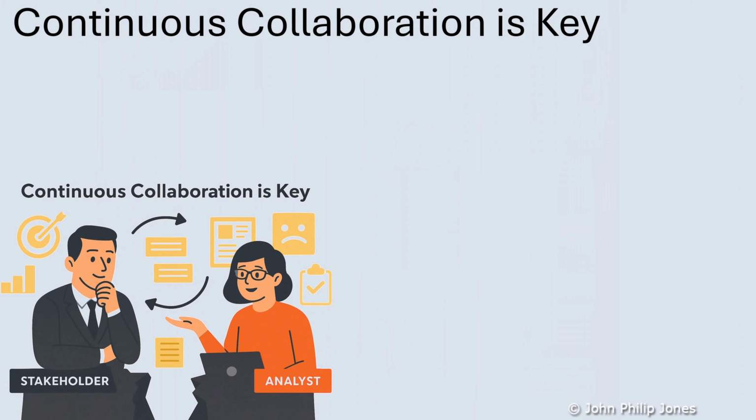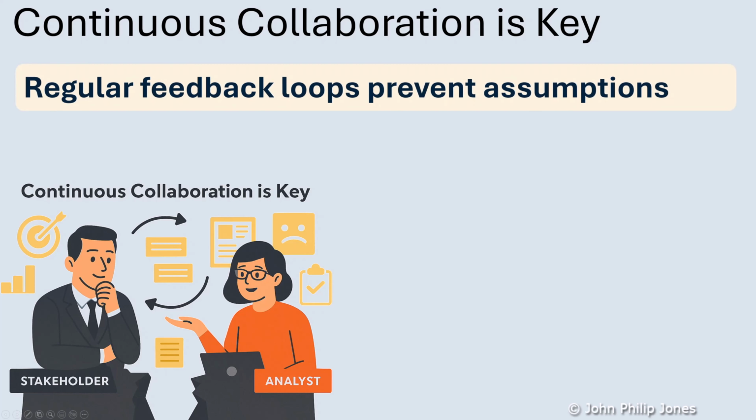Continuous collaboration between the analyst and the stakeholder is the key to a good requirements analysis phase. Regular feedback loops between the analyst and the stakeholder will prevent assumptions and will also bridge the gap in understanding between the analyst and the stakeholder.